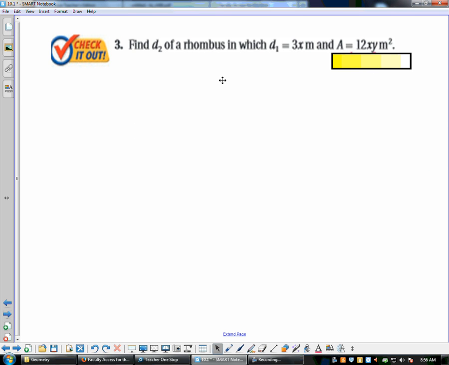Okay, so let's try this one. Find D2 of a rhombus in which D1 is 3x meters and the area is 12xy square meters. Here's our rhombus. All 4 sides are equal. I'm drawing in the diagonals.